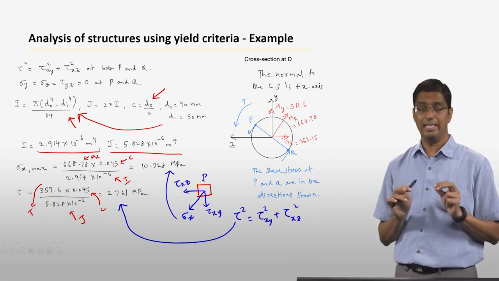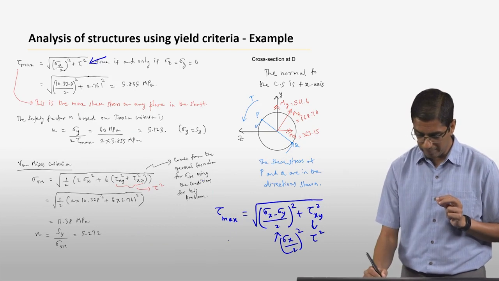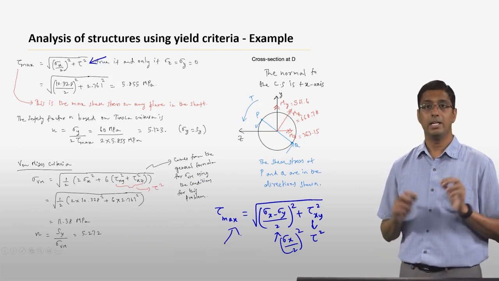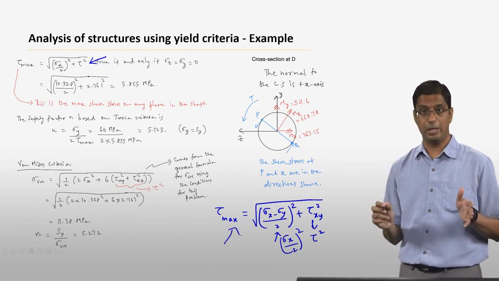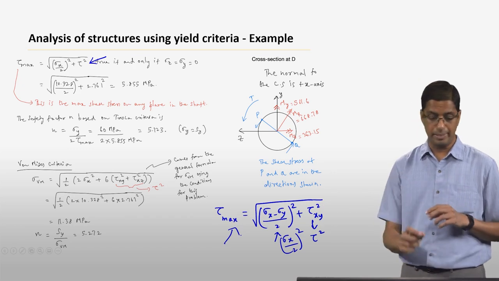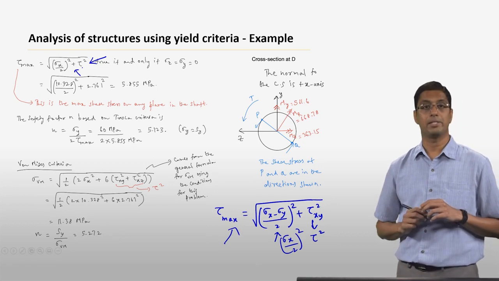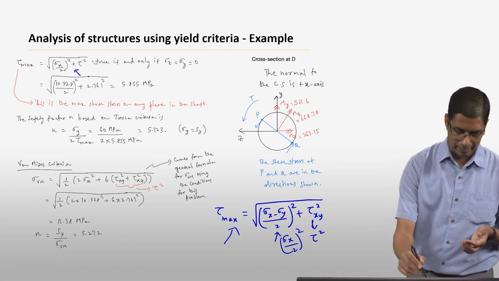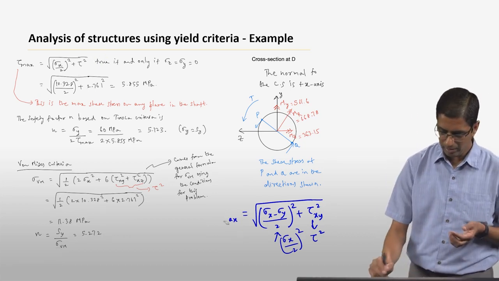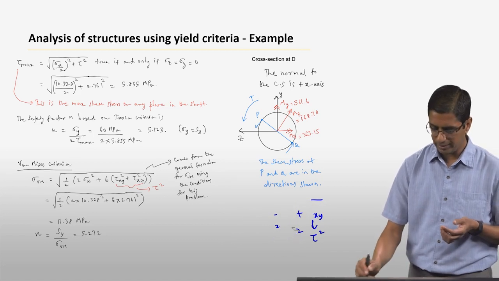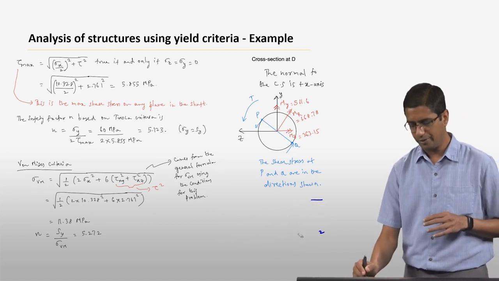In that case, this is going to be your tau max. So tau xy becomes actually tau, and tau max is going to be the square root of (sigma x by 2) the whole squared plus tau squared. I'm going to do this one more time once we go through the whole thing, because this is a point of confusion for a lot of students.